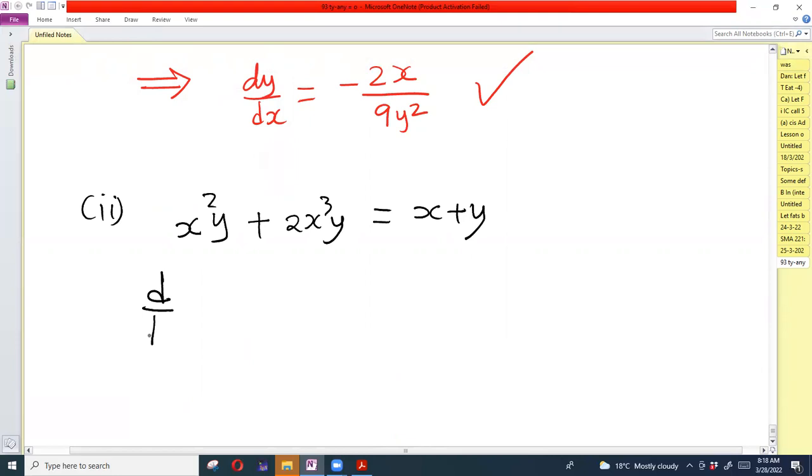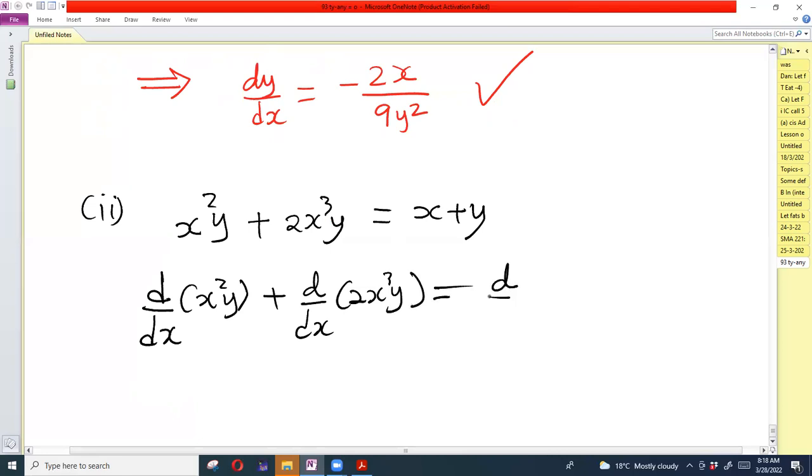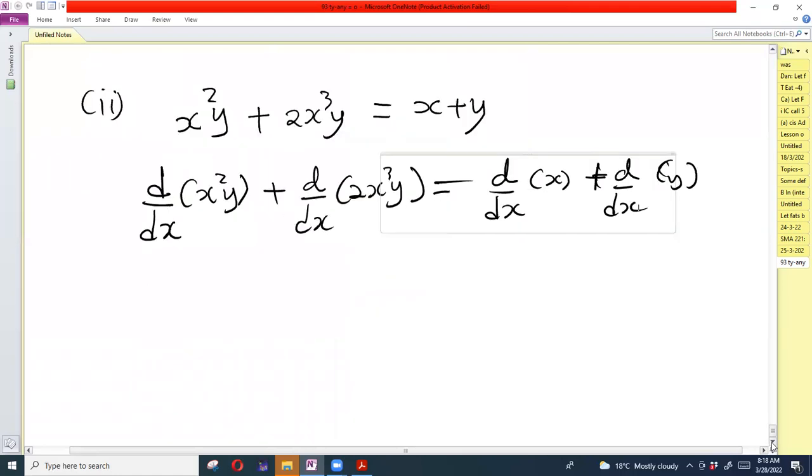So we'll have d/dx of x squared y plus d/dx of 2x cubed y equals d/dx of x plus d/dx of y. And then in the first case, we have a product of x squared and y, so use the product rule.